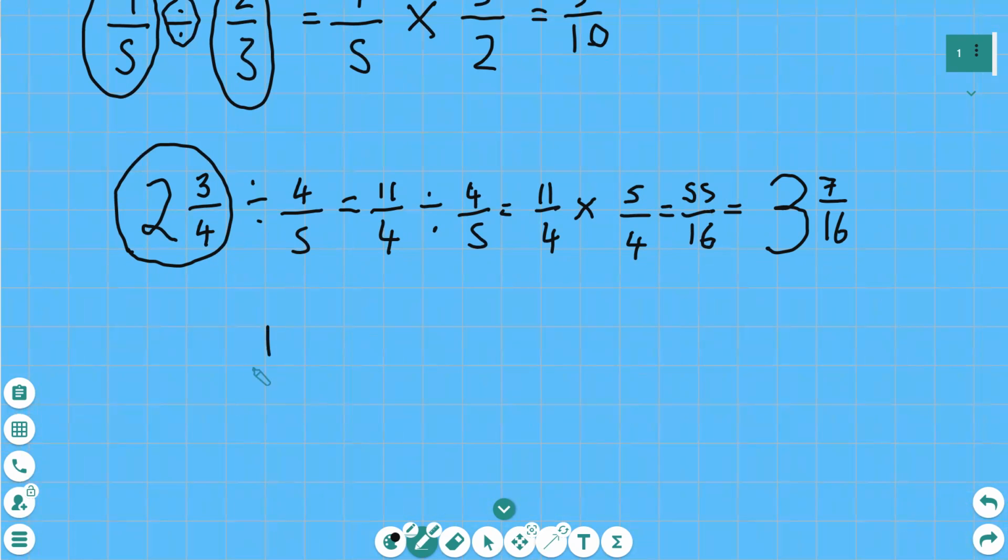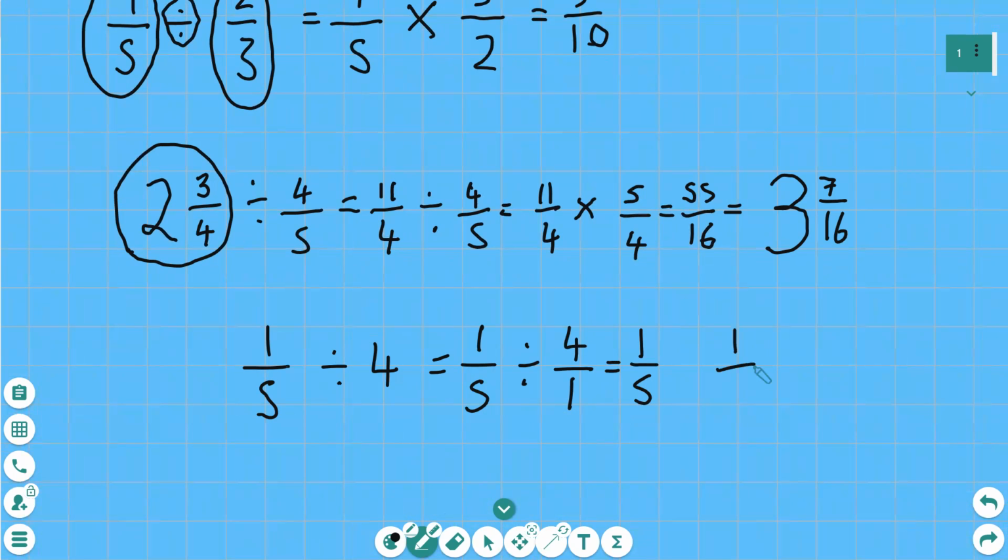So what you might also find is you get sums where you've got 1/5 divided by 4. Not too bad, because we know how we can turn the 4 into a fraction, don't we? 4 over 1, abracadabra. Then keep the first one, 1/5. Flip the second one, 1/4.